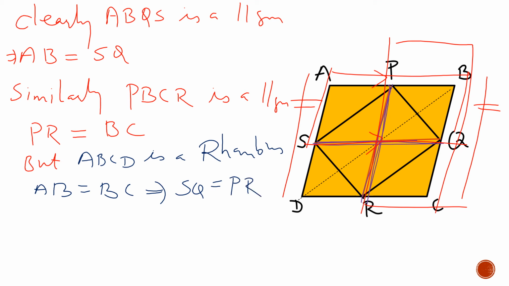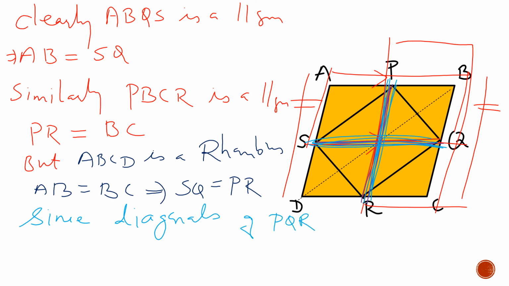If you clearly observe what SQ and PR are, here they are. This is your PR and SQ. SQ and PR are actually the diagonals of PQRS, and these diagonals are equal.